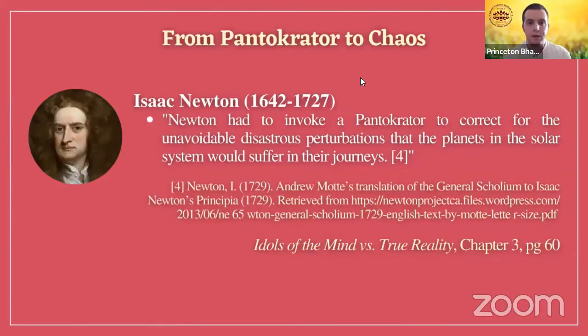So, from Pantocrator to chaos. Now, we just established this succession of thought that started with Galileo and throughout time ended with Hegel, and what we presented here shows a shift from this purely external consciousness, where we don't even consider consciousness itself as a primary fundamental aspect of reality.